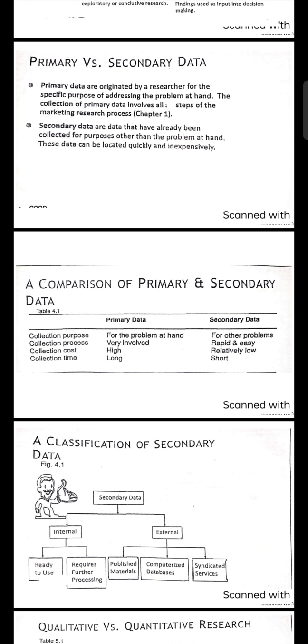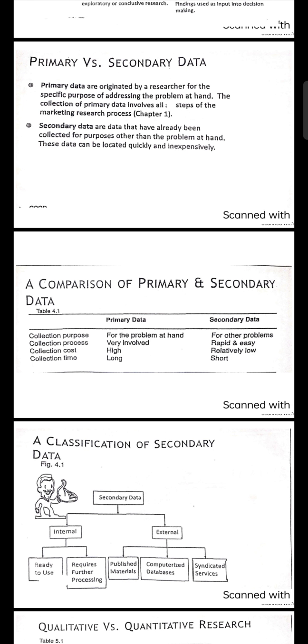The second slide, marketing research process. Then secondary data, in layman's terms, we call second-hand data, second-hand information. So it is not immediate information, not first-hand information. In layman's terms, for your understanding, we say second-hand information, or data from a third party.